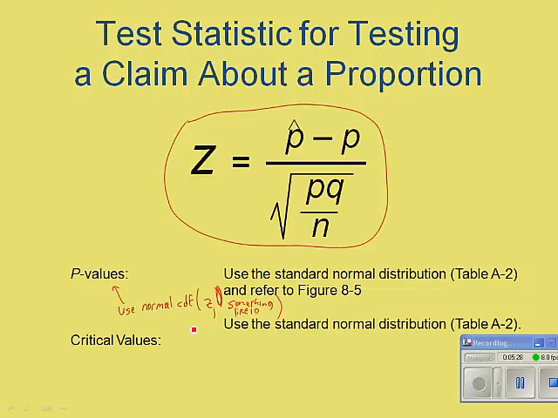Or sometimes we do something like negative 10 to z, right? It's something like that. Critical values, if you're going to go that route, that's when we use the inverse norm of something. That's when we're going backwards.